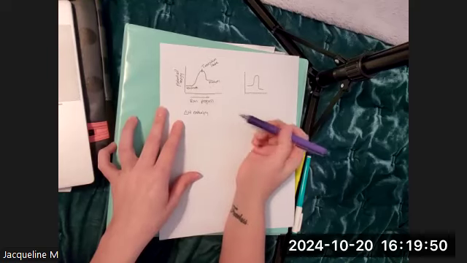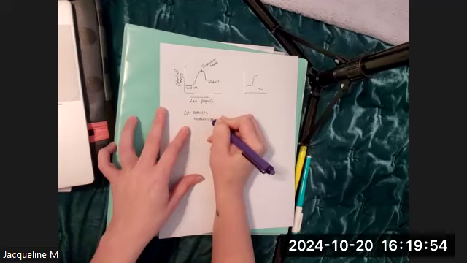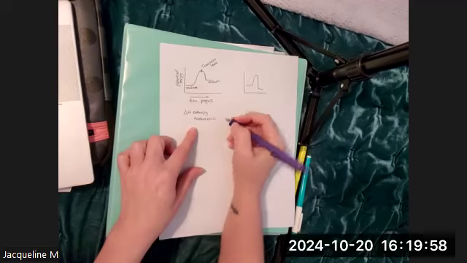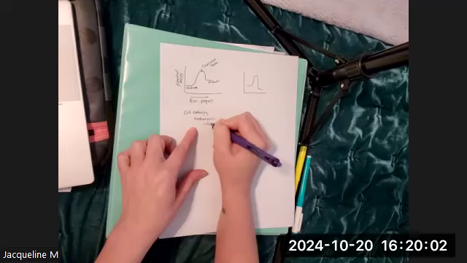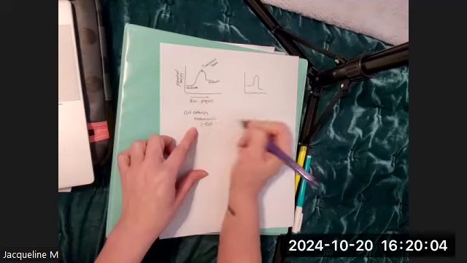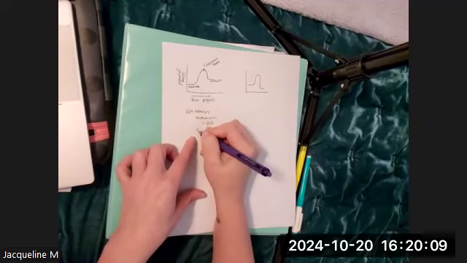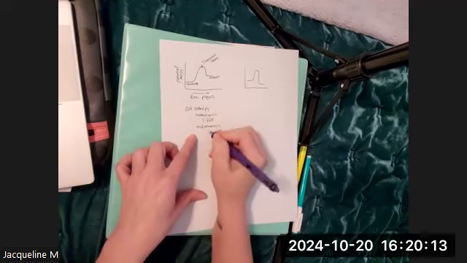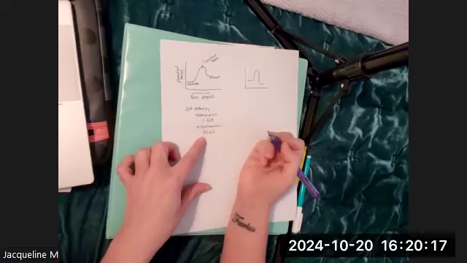When something is exothermic, meaning that energy is leaving that system, then our enthalpy will be negative. Think of it like energy going out. If it's endothermic, then energy is going into the system and delta H is positive.